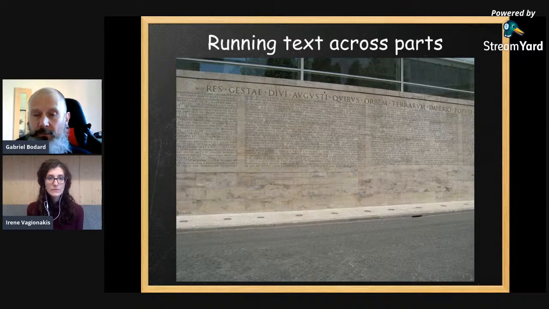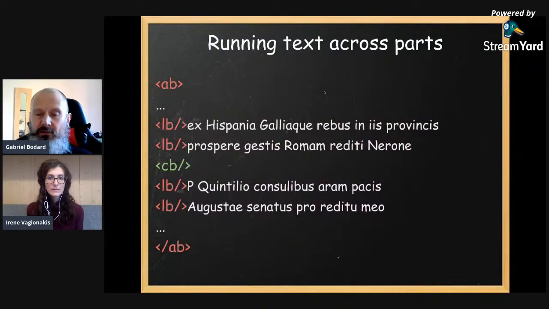In that case, as with a monumental inscription such as this one, we might simply use an empty element. You see here in the middle, the empty element CB, to indicate where that column break happens.